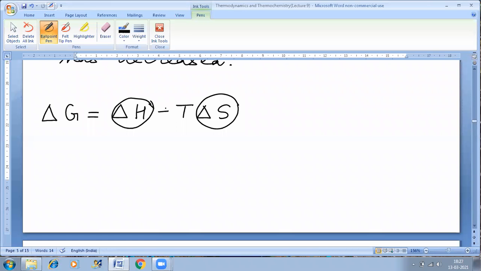Delta G is negative for any spontaneous process. So let's see how we can arrive at different results based on the signs of delta H and delta S.